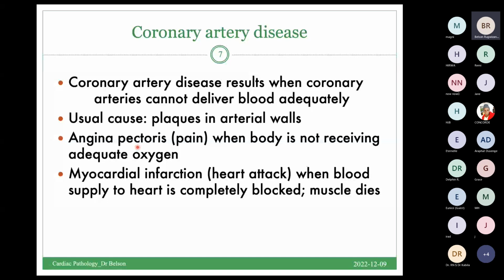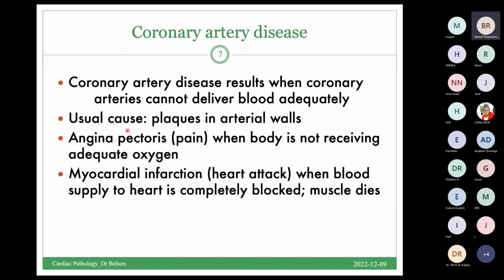So in the heart, the term used for ischemia is angina pectoris, which is the one commonly used. So angina pectoris is that condition in which there is a pain in the chest. You see pectoris here means in the chest, because of insufficiency in blood supply to the heart itself.